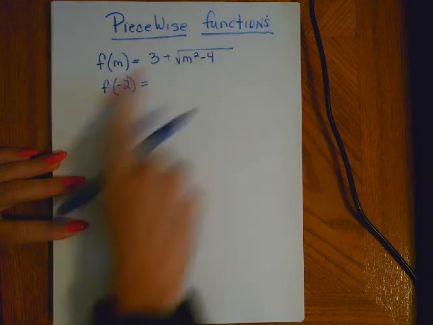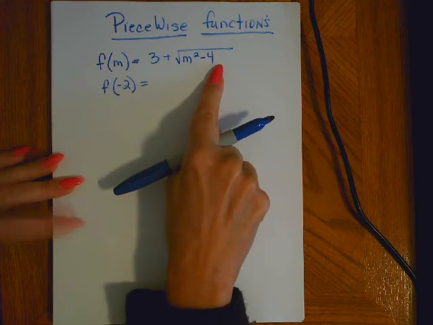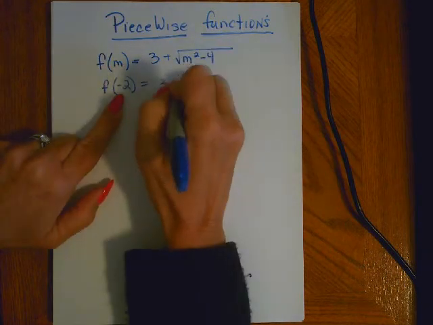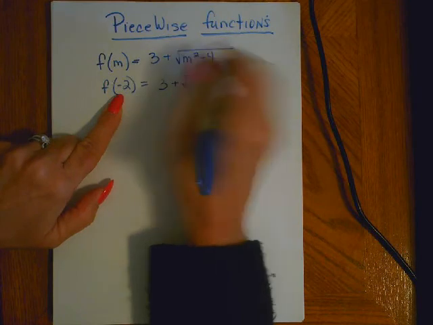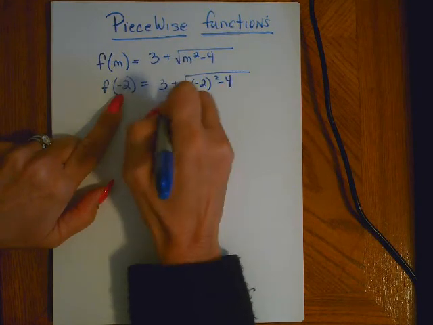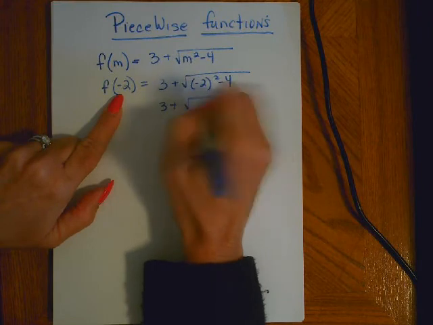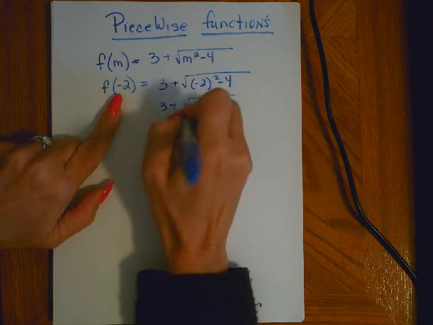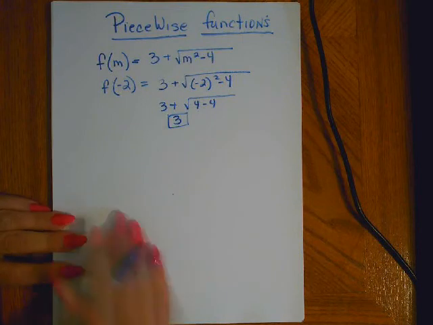You know there's only one function that you're going to substitute that in. You're going to take the negative 2 and substitute into the m values. So it would be 3 plus the square root of negative 2 squared minus 4. 3 plus the square root of 4 minus 4, which is 0. So 3 plus 0 is just 3. And that's fine, and we did that the other day.